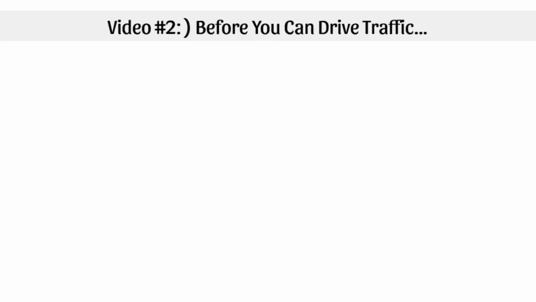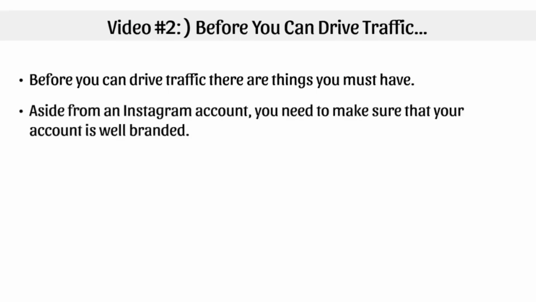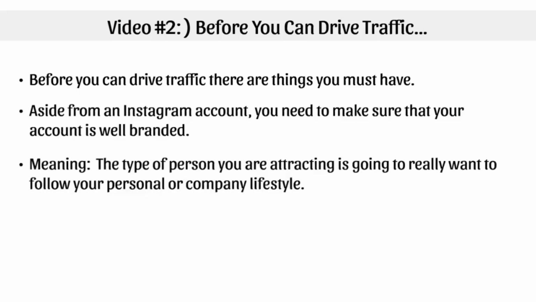Welcome back. This is video number 2, and let's talk about what you need to do before you can drive traffic. There are a few things that you must have. Aside from having an Instagram account, you need to make sure that your account is well branded, meaning the type of person that you are attracting is going to really want to follow your personal or company lifestyle.